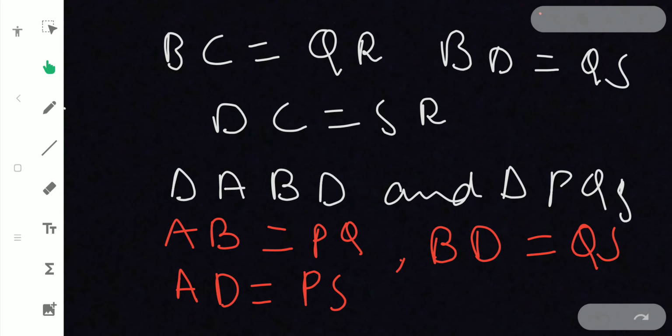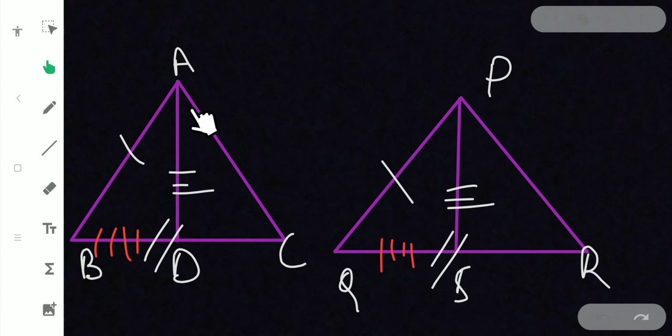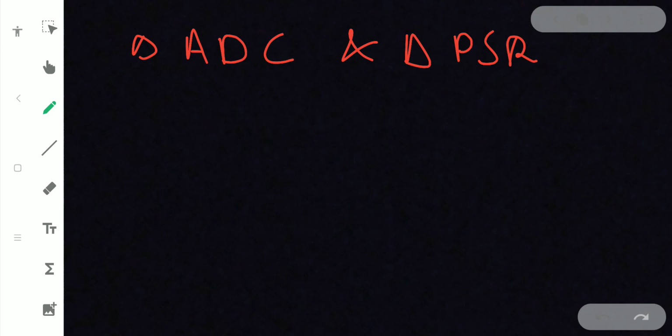So we have proved that congruency. Now let us move on to the next triangles, that is triangle ADC and triangle PSR.